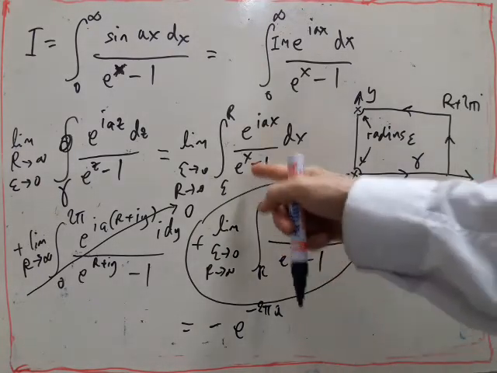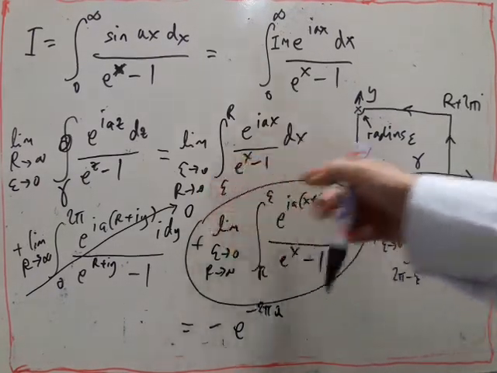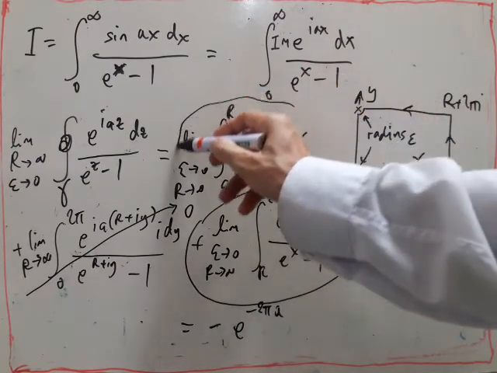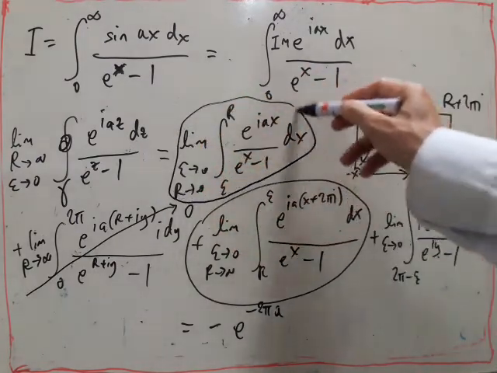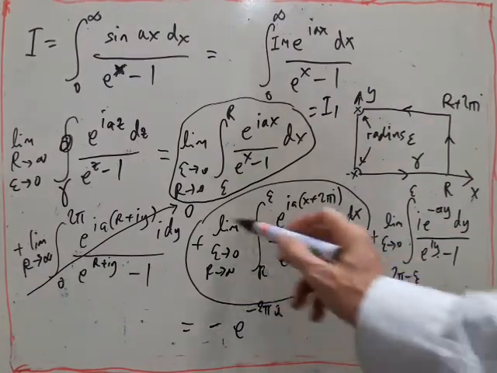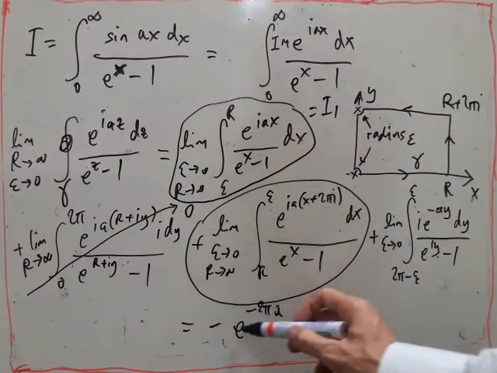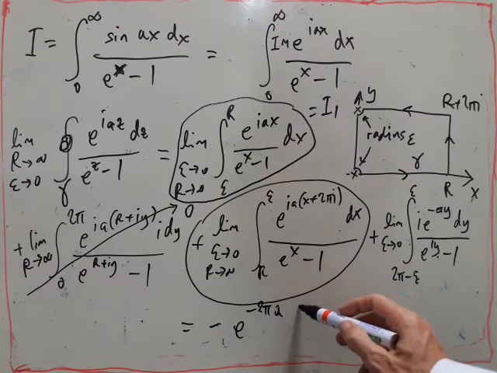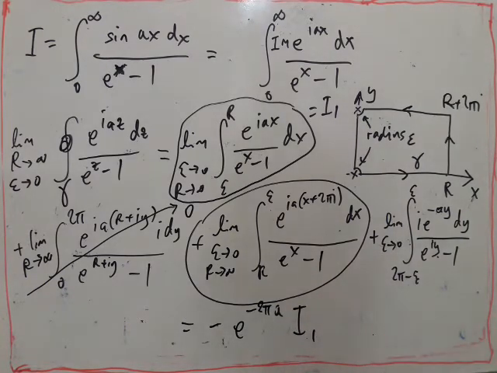And then the rest is just times this integral here. For convenience I'll call this integral I1, and then this quantity is just minus e to the minus 2 pi a times I1.